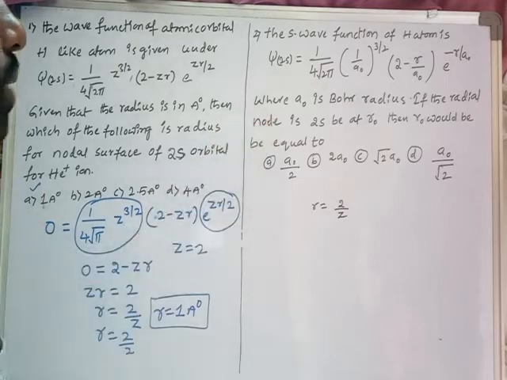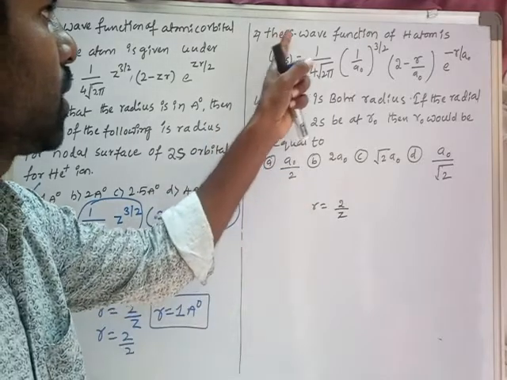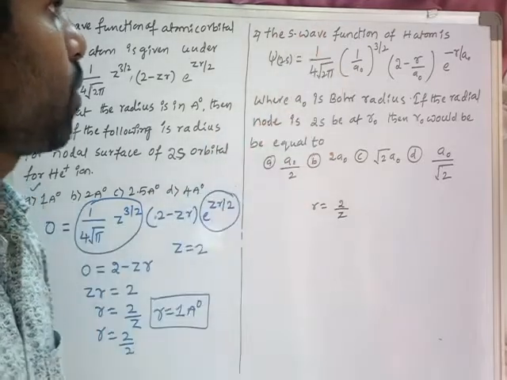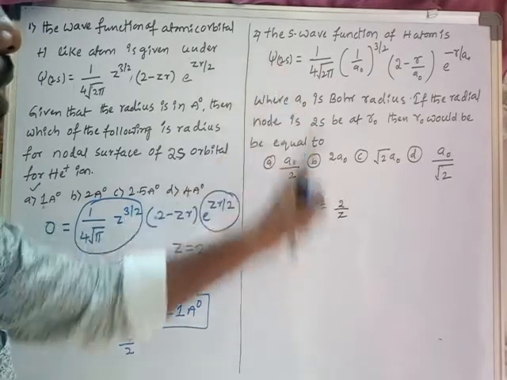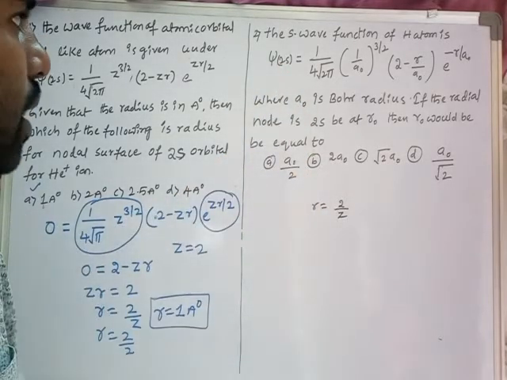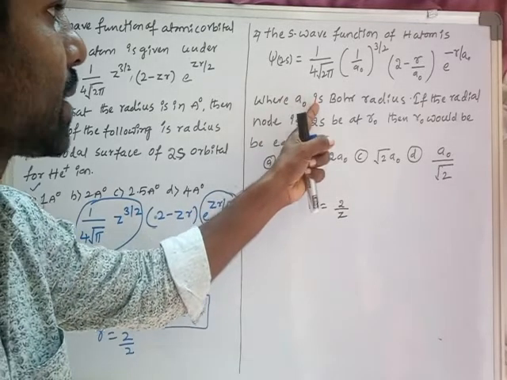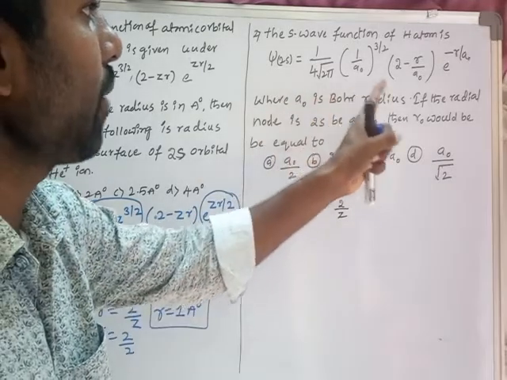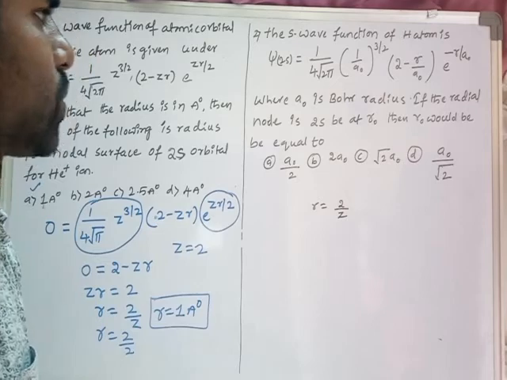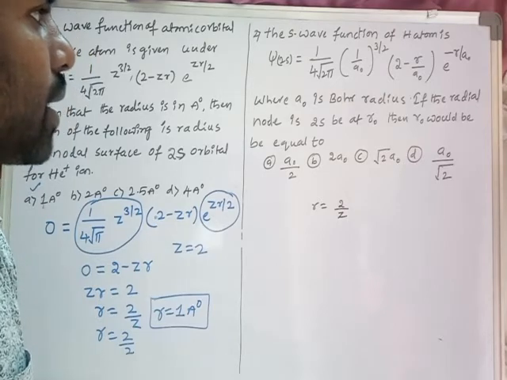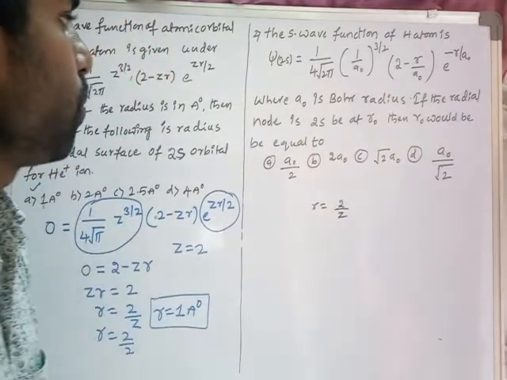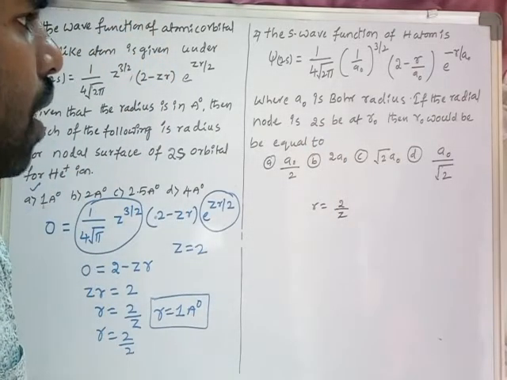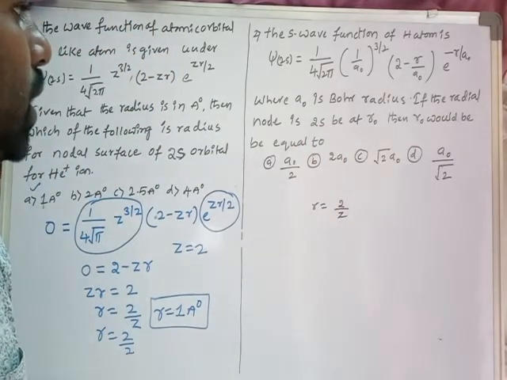Next, second question. See here, the Schrodinger wave function of hydrogen atom is given. So here this is the Schrodinger wave function. From this, what they are asking, where a0 is Bohr radius, if the radial node is at r0, then r0 would be equal to what?